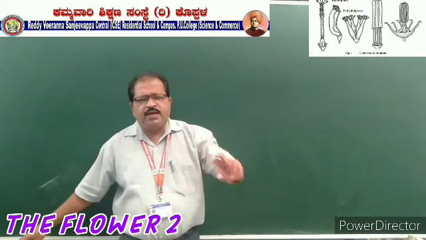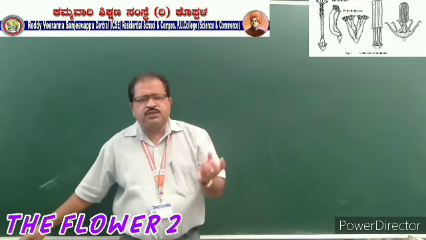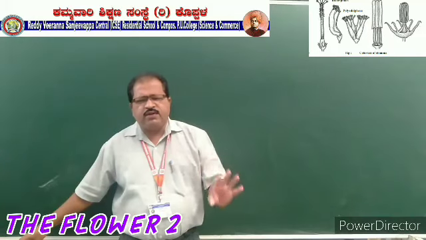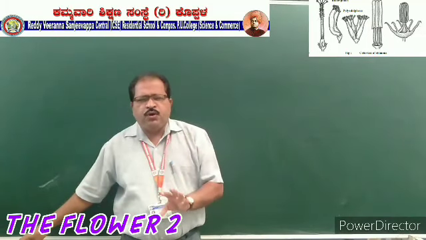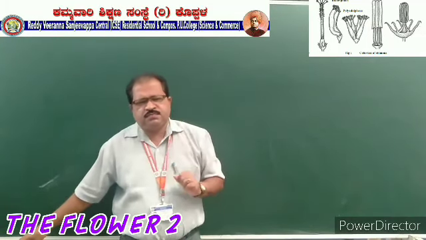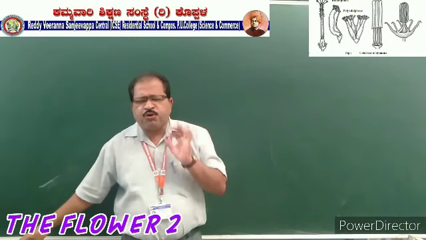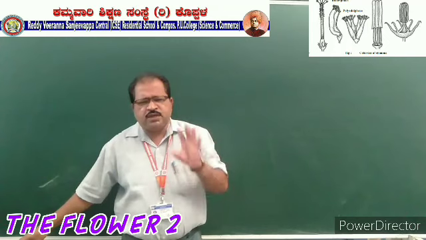The fusion of male gamete and female gamete produces the fertilized egg called the zygote, and the zygote develops into an embryo, and the embryo develops into a seed. Okay, this is the sexual reproduction that takes place in the flower.